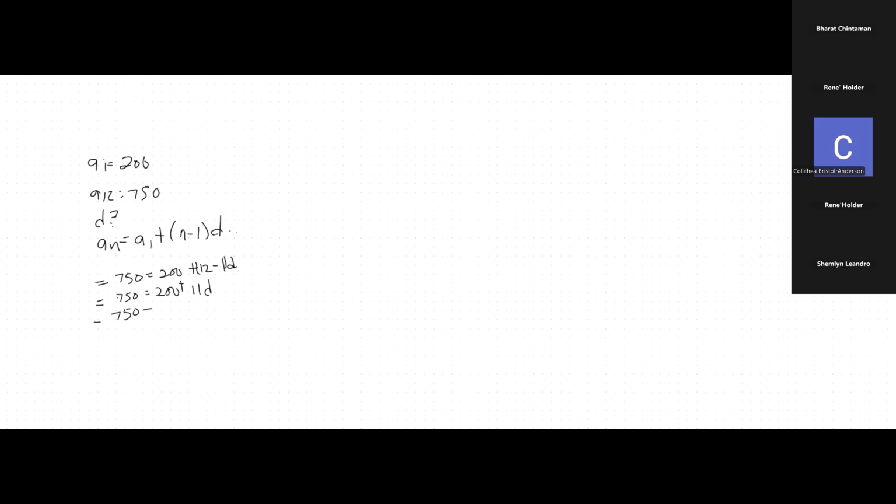Now, there's a positive sign in front of 200. When it's taken over, it will become negative. Thus, we're subtracting from both sides. 200 from 750 would give us a difference of 550.